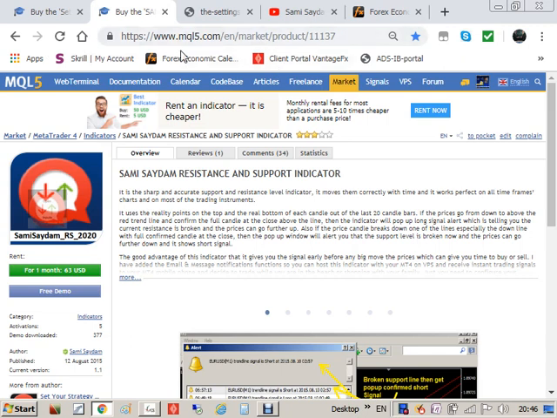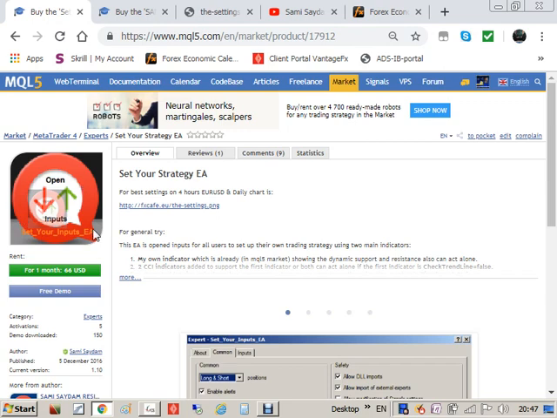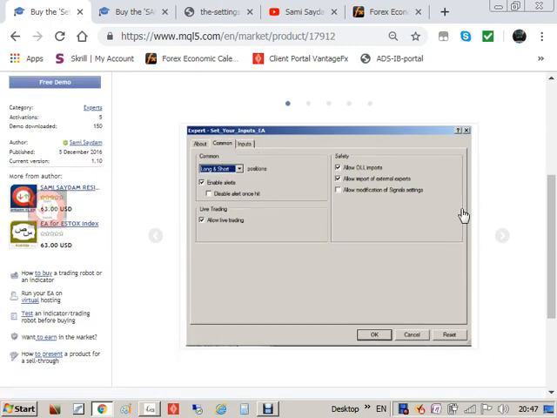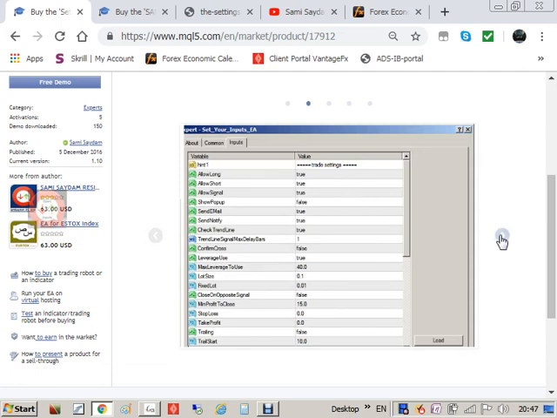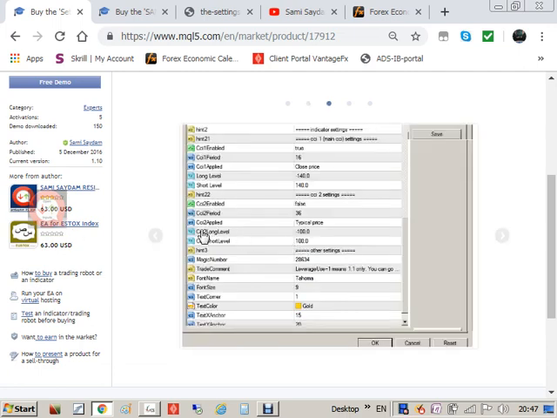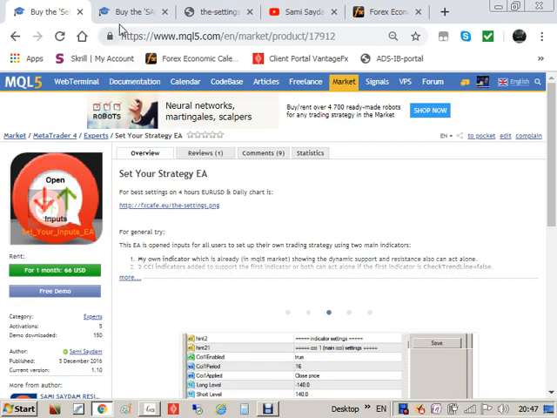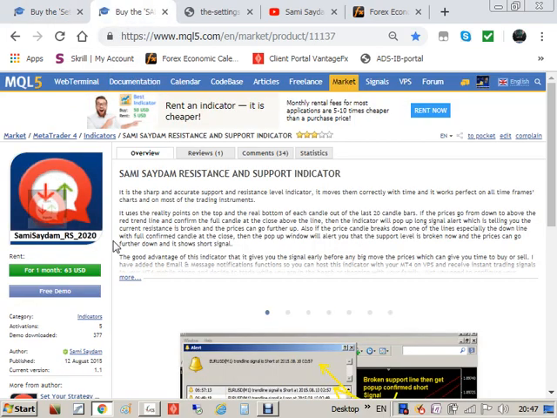Of course, this indicator I made it in the form of what they call an expert advisor. As you see here, the same logo with the name set your strategy, expert advisor, and here is the window for how to fill it up with the settings, and at the same time we go back to the indicator.